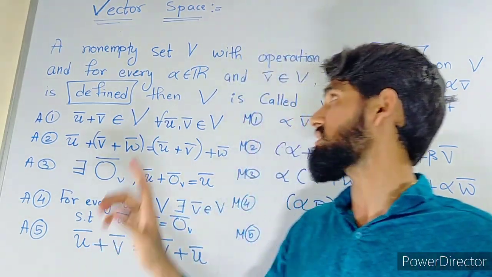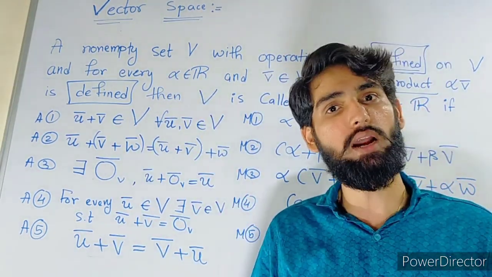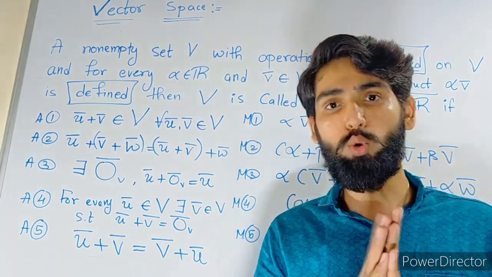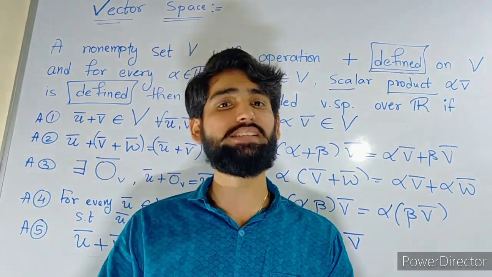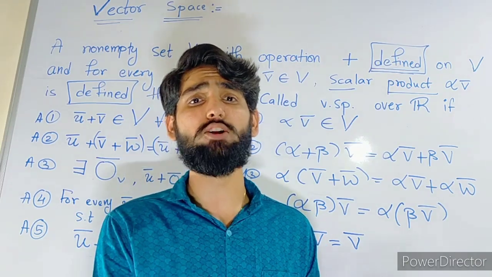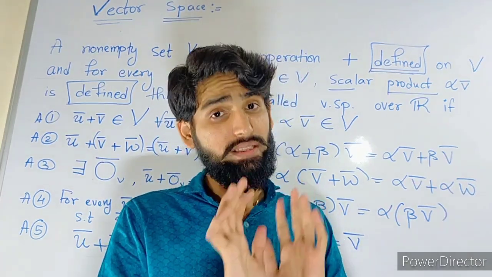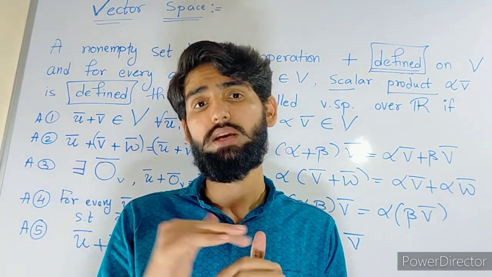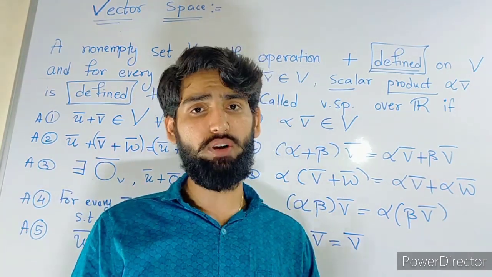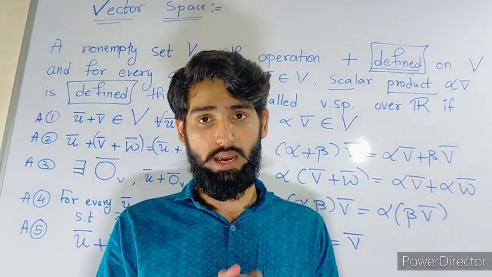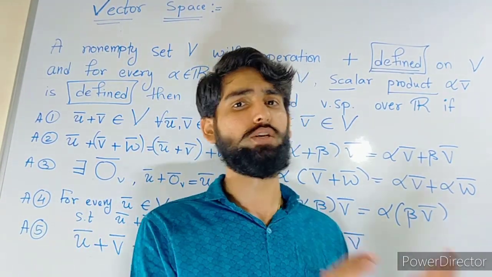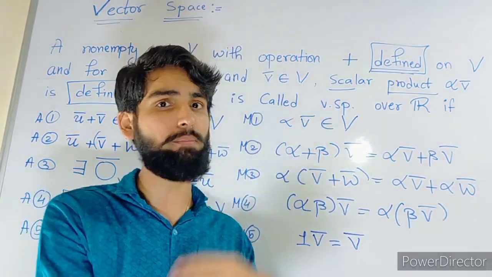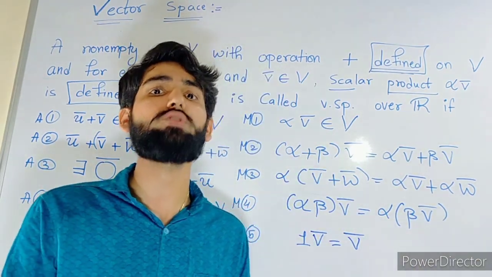Since the scalars alpha are coming from R, we say it is a vector space over R. One more note: it is not necessary that a vector space is only over R. It might be over the rational numbers, over C, or over any field. But at this level, we don't know what a field is. Hence, we define vector space over R for our convenience, and the same idea can be generalized for other fields also.